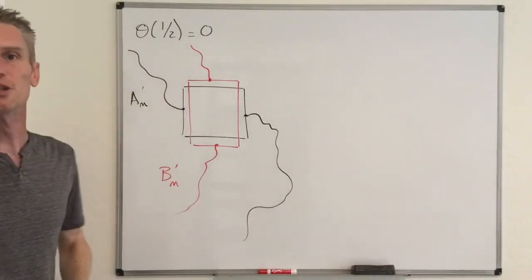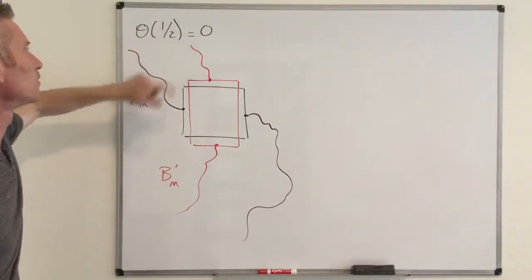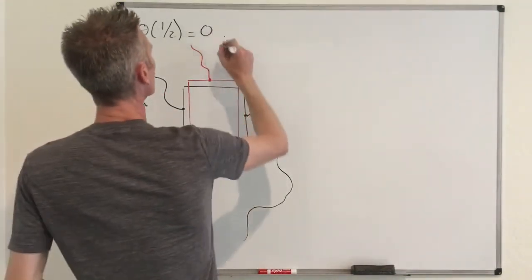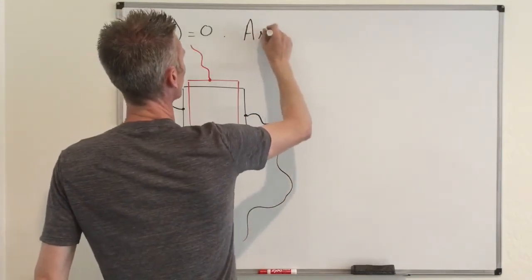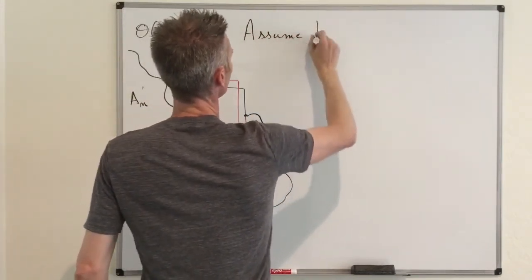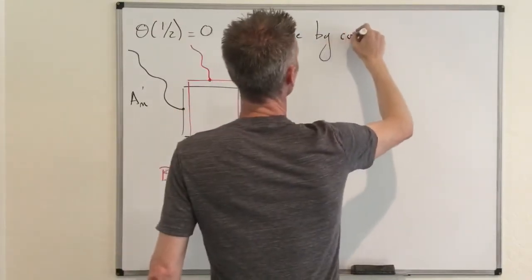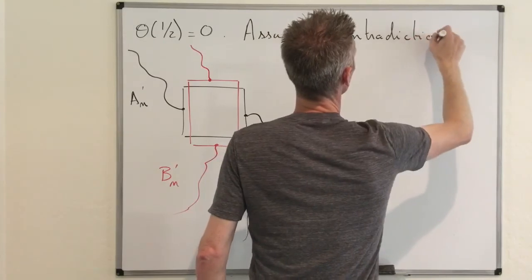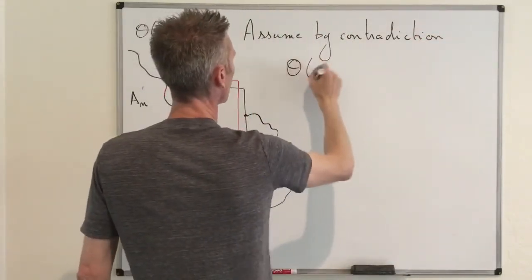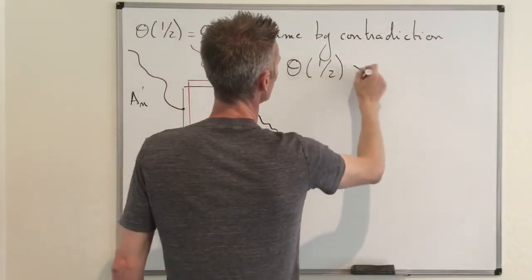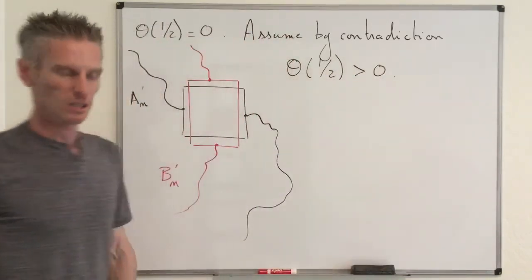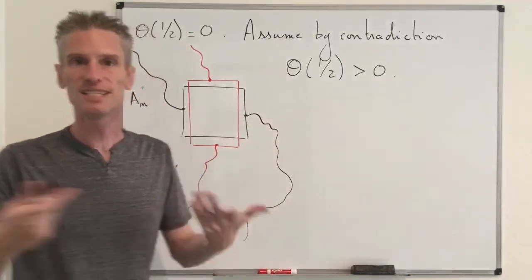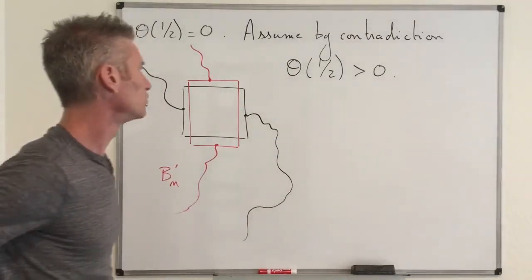I'm going to assume by contradiction that this is not true, so that means that theta of 1/2 is strictly larger than 0. So that means that for p equals 1/2, there is percolation of the process.